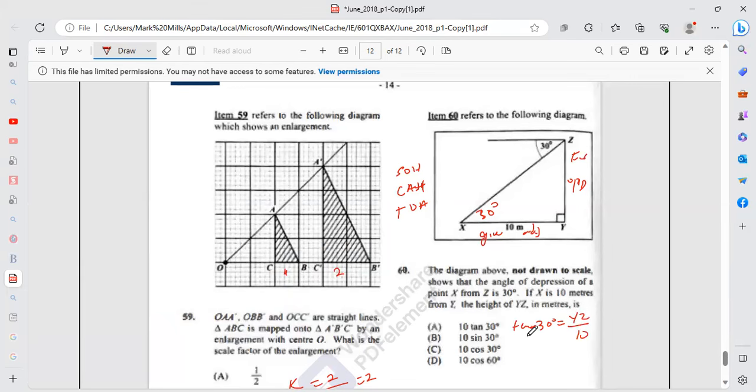And I want to find YZ. So I put this over 1, then transpose. So I get 10 times tan 30 is equal to YZ. So that means the answer I'm looking for would have been A. 10 tan 30, yeah.